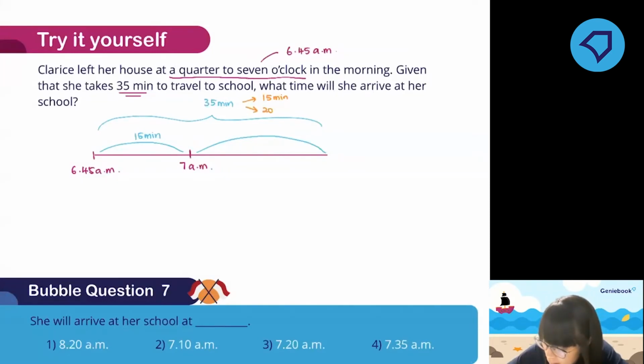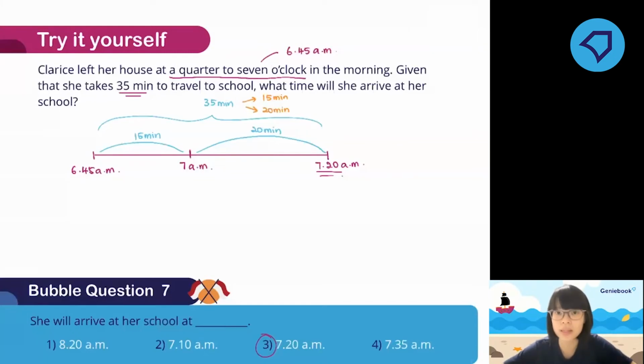Once the time hits 7 o'clock, I still need to travel another 20 minutes. So from 7 a.m., 20 minutes later, that would be 7:20. So the answer would be option number 3. Thank you very much, Ansi. Yes, thank you, Belle. It's 7:20 a.m.